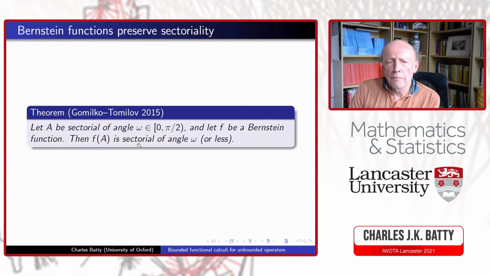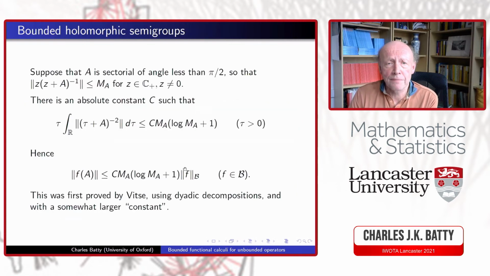And then this operator is actually sectorial of the same angle or smaller angle. So one can get that from the examples I gave before, and that's why I had the fractional powers alpha and beta in there. Just mentioning something specific to the case of sectorial operators of angle less than pi over 2.